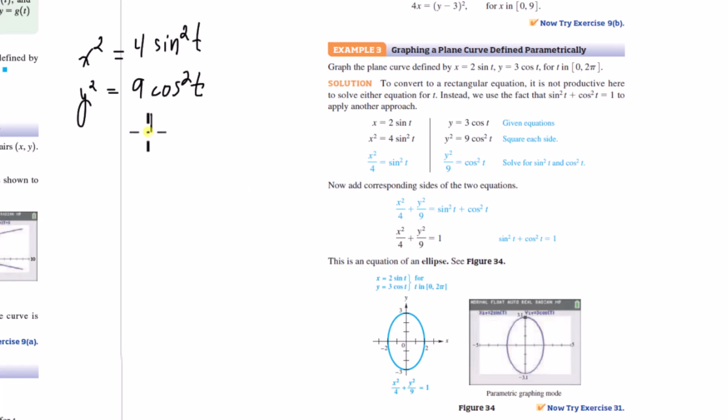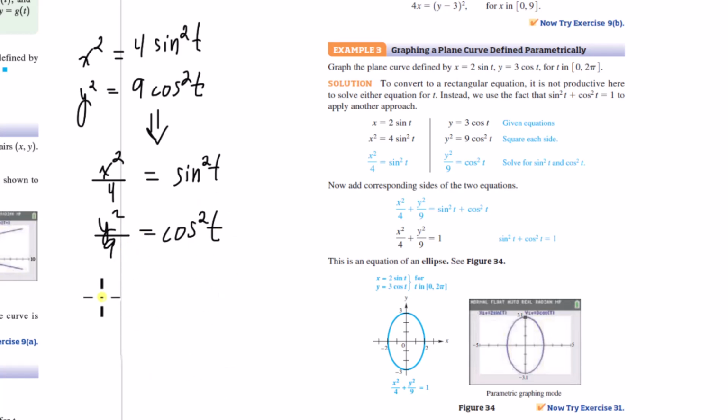Okay, and so with that, we see that x squared divided by 4 is equal to sine squared of t, and y squared divided by 9 is equal to cosine squared of t. Therefore, x squared divided by 4 plus y squared divided by 9 is equal to sine squared t plus cosine squared t, which is 1.